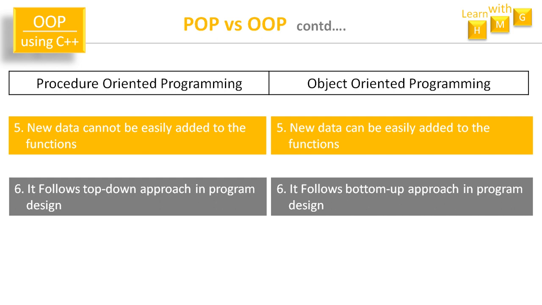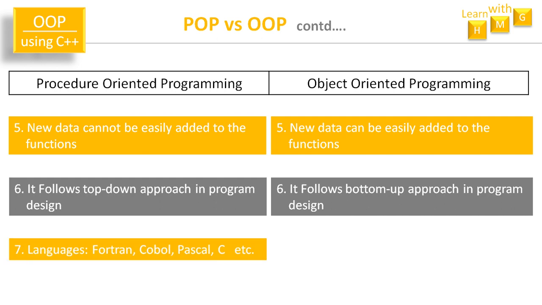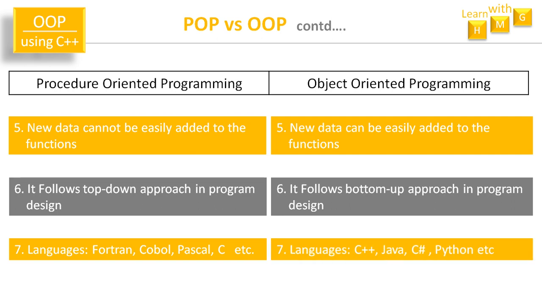The small modules are developed first, then they are integrated together to form a complete system. There are various procedure-oriented programming languages such as Fortran, COBOL, Pascal and C, while C++, Java, C#, Python are object-oriented programming languages.